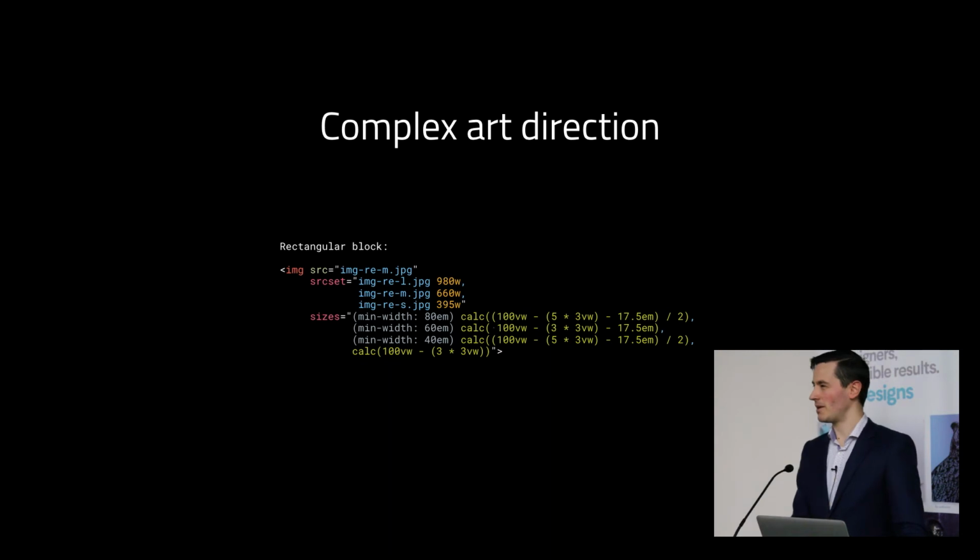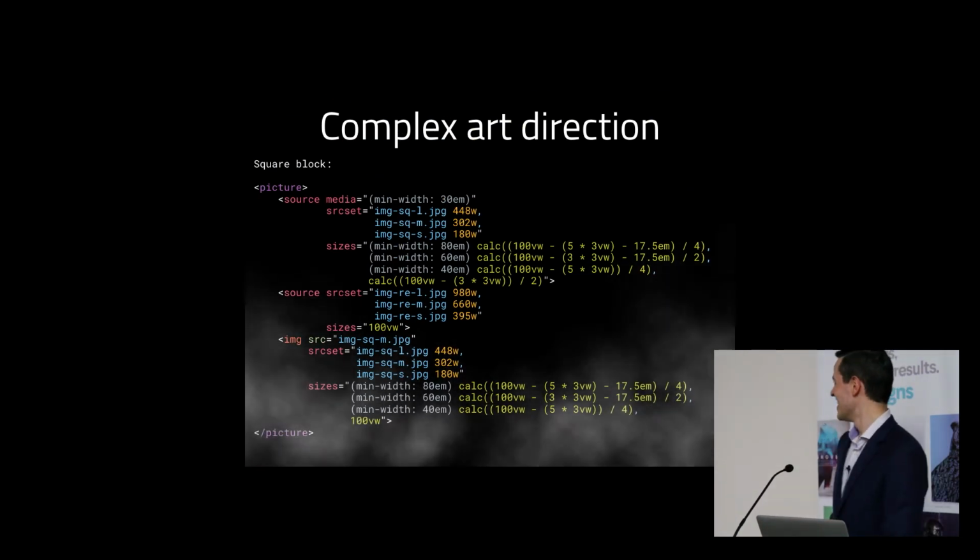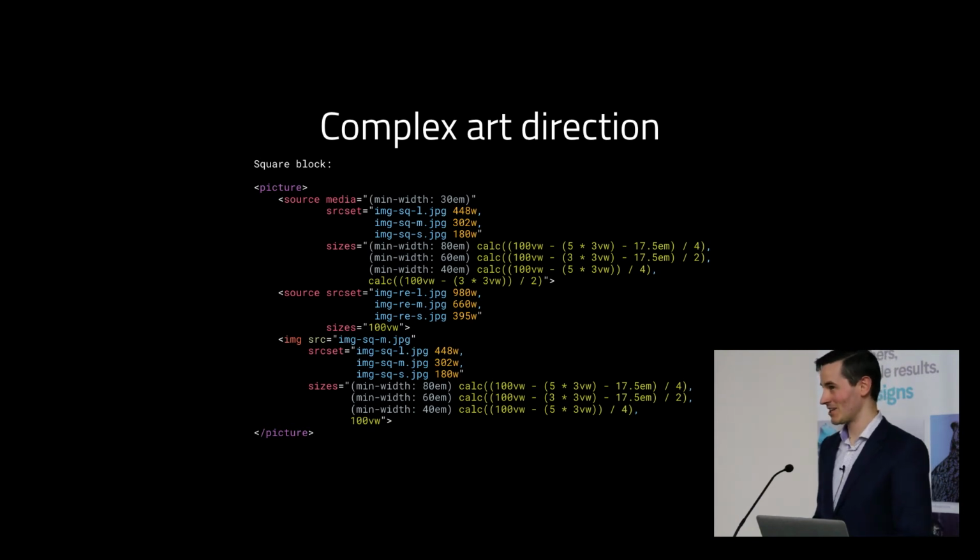Now that last one, that square that becomes the rectangle. Are you ready for this one? Here it comes. We have to introduce the picture element at this point because we need to use those sources to feed that image tag explicitly a square at the larger size, and a rectangle at smaller sizes.